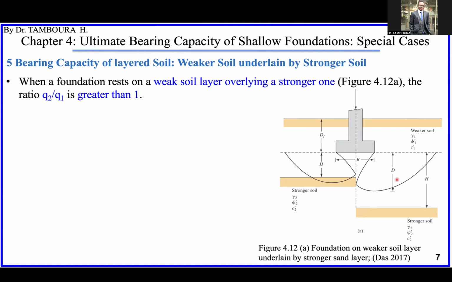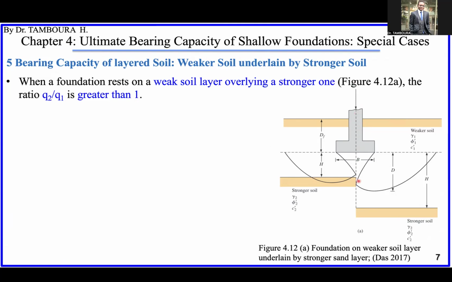Here, the bottom layer is at this level. The other half is not drawn because of symmetry. If you want to complete the left one, it should be something like this, symmetric. Or if you want to complete the right one, it should be something like this. So it is a combination.